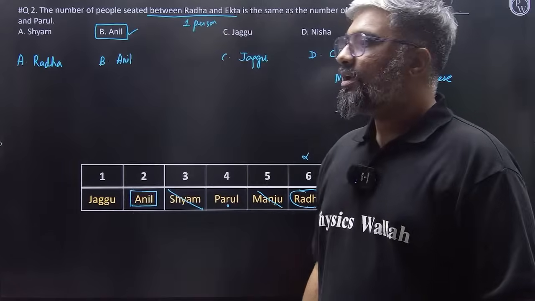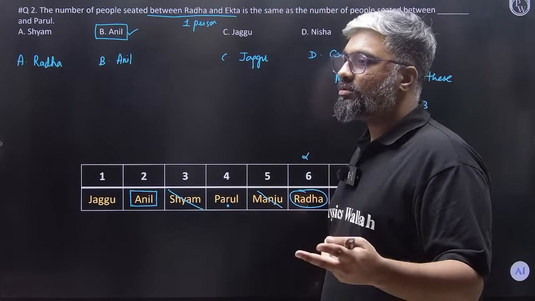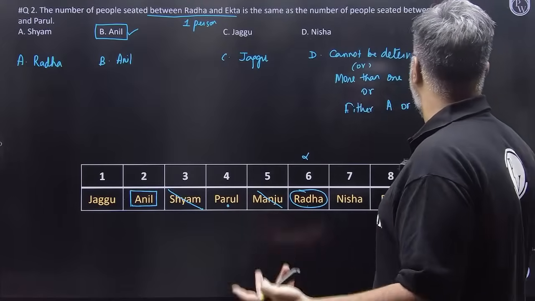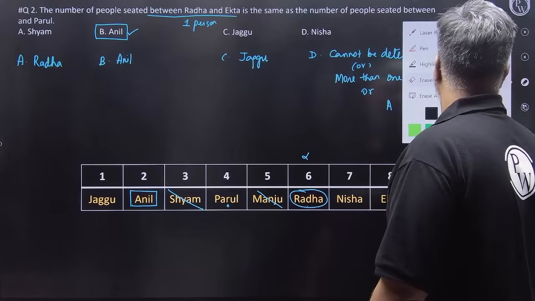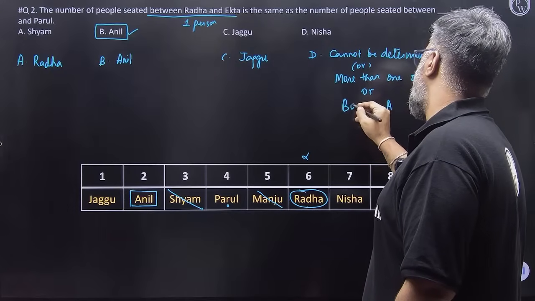One of these options, not both. Okay, maybe both also. Both A and B, correct. Both A and B, because both are right.